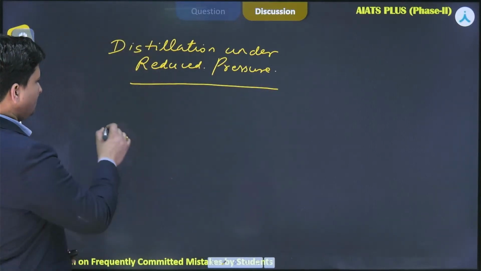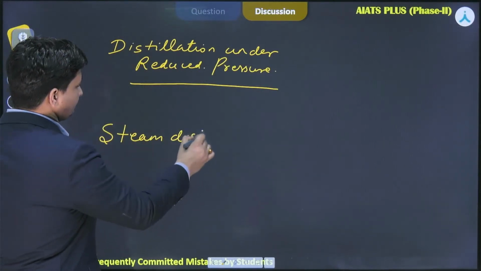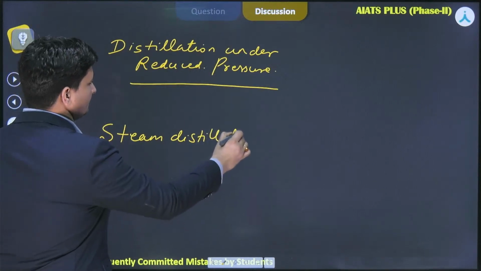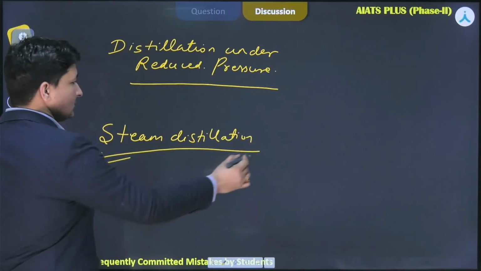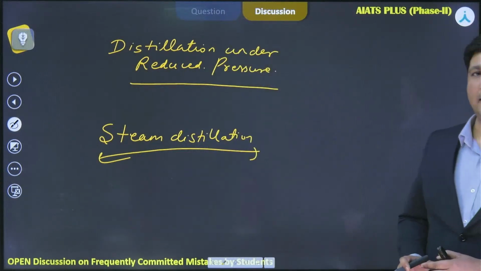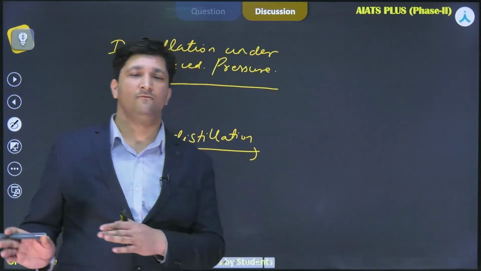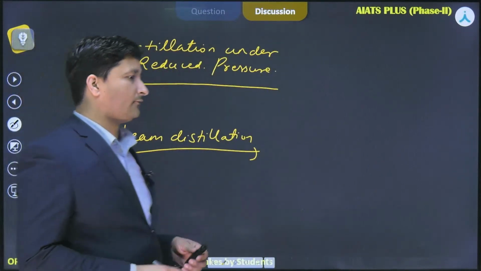Now one more important was steam distillation. It is used for those types of mixture in which one of the compounds is steam volatile, but it is immiscible in water. So at that time we go for steam distillation.